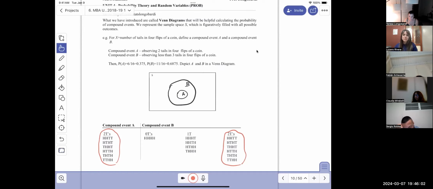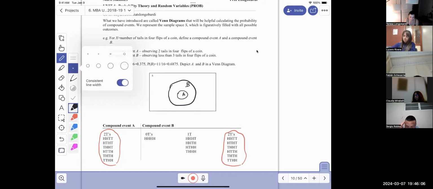No one? What I want you to do now is calculate, like we did with the other exercises.